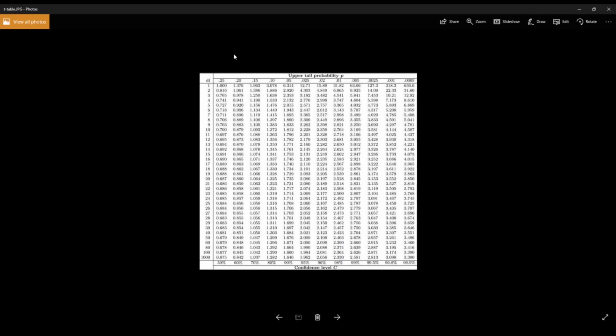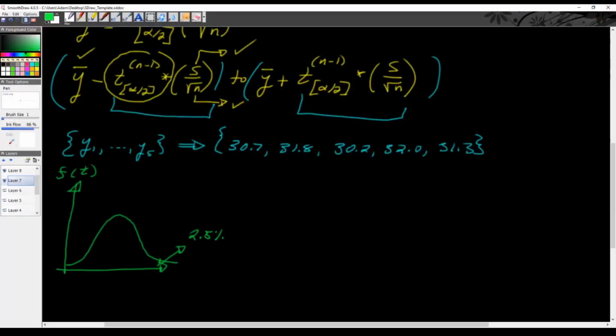Well, here's a t-table, and I know that the number of degrees of freedom is equal to the number of observations, n minus 1. So 5 minus 1 is 4. 4 is the degrees of freedom. The upper tail probability is 0.025, so I go over to 0.025, and I see that that critical t-value is 2.776. So this critical t-value is 2.776.